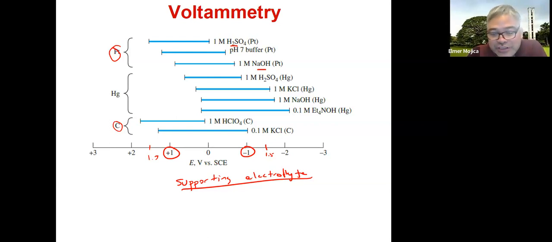Because back then, what they wanted was a salt, usually one that has an alkali metal. The other thing you need to take into consideration is that you don't want any component of your salt to undergo a redox reaction when you apply the potential. So instead of using a salt, they ended up using HCl.